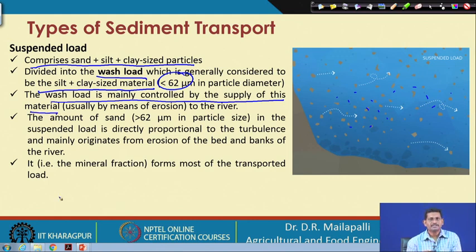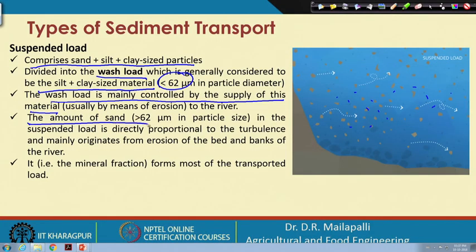So, basically the wash load is suspended load, which contains mostly the particle size which is less than 62 microns. So, that means if you do sieve analysis, if you have a 62 microns sieve at the bottom, the pan which collects the sediments, that is called suspended load, whatever it may be.